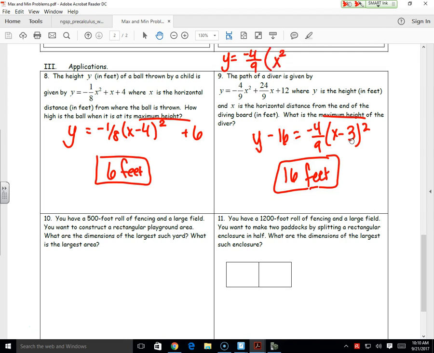This one you couldn't have mental mathed, well, I don't know, maybe you could have. But when you factor something out, if you distribute in, you're multiplying. If you're factoring out, you're dividing. So if you're dividing 24/9 by -4/9, you're multiplying by the reciprocal. That would have helped you so much.